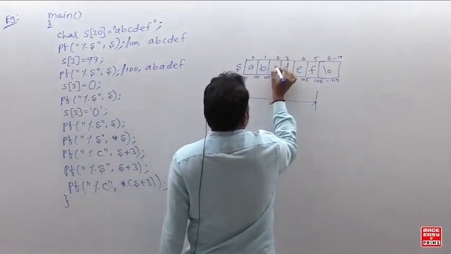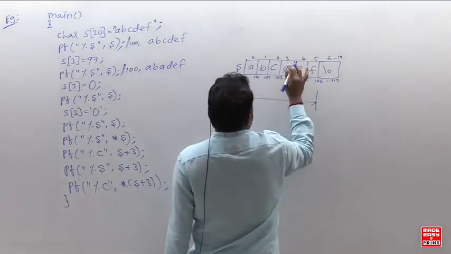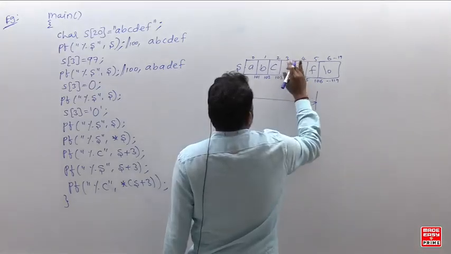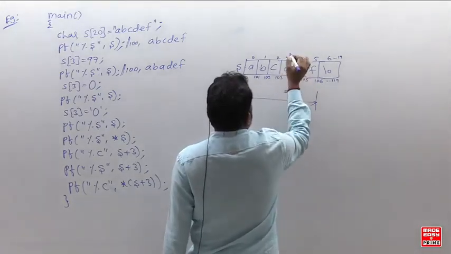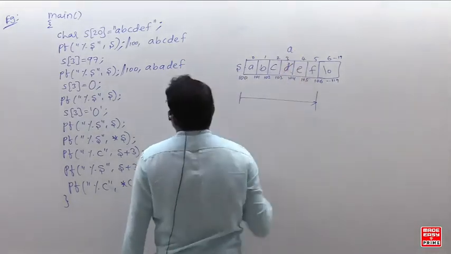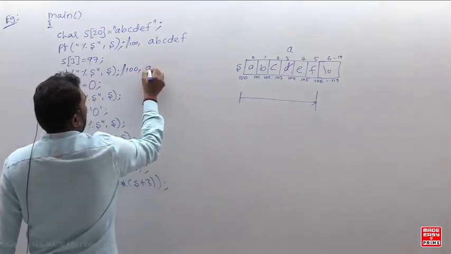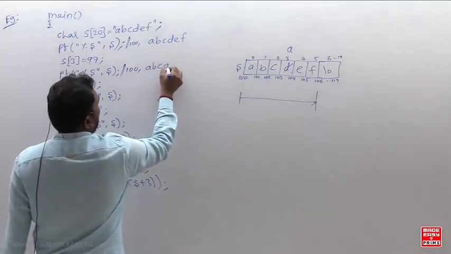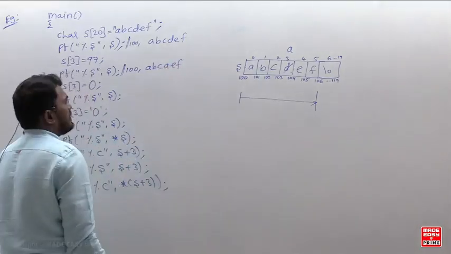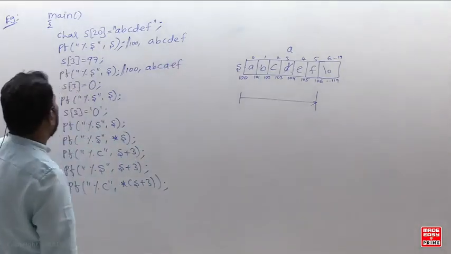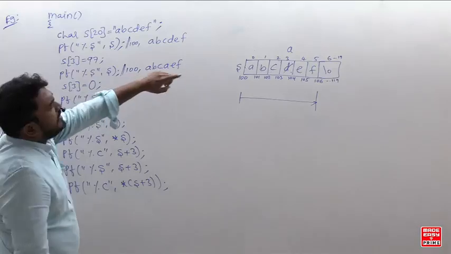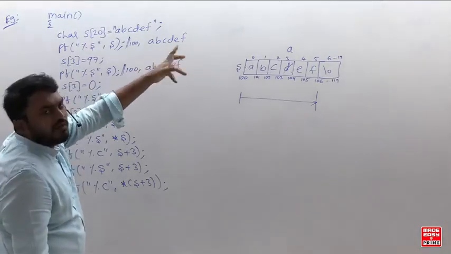S of 3 is set, right? D, this will change to a. So that is S of 3. I assumed it S of 2, sorry. S of 3 is what? 97. So that will change to small a. Is that clear?